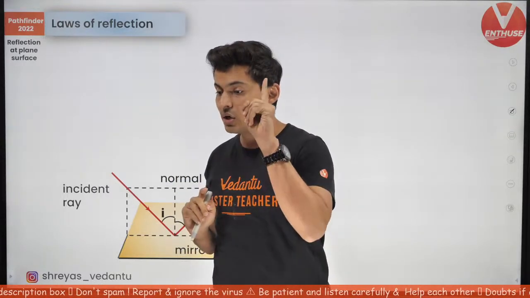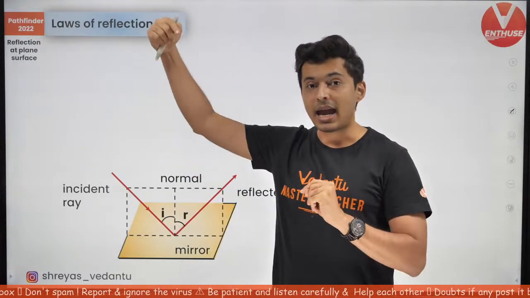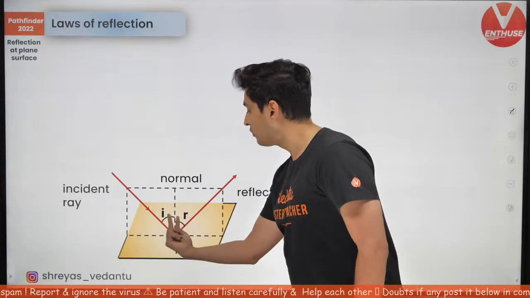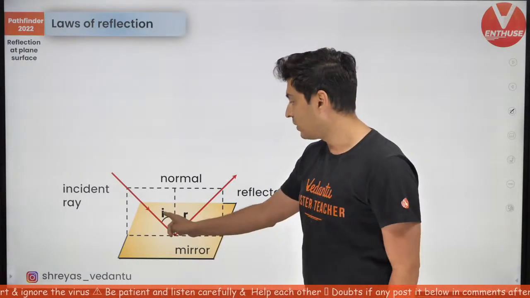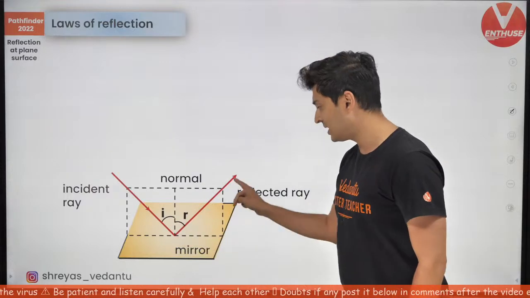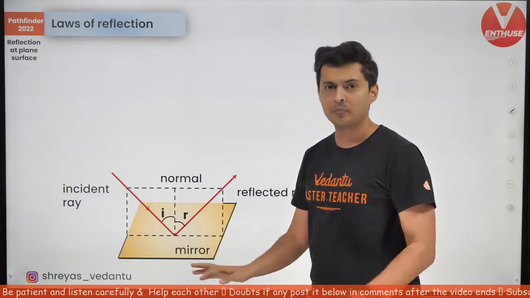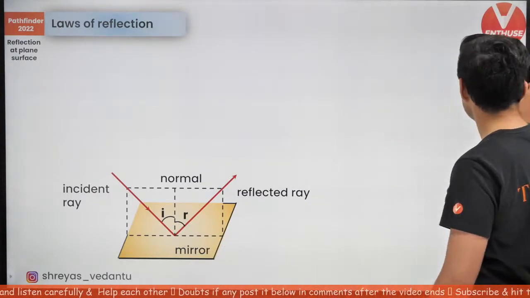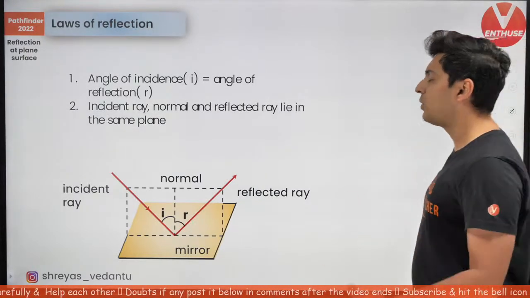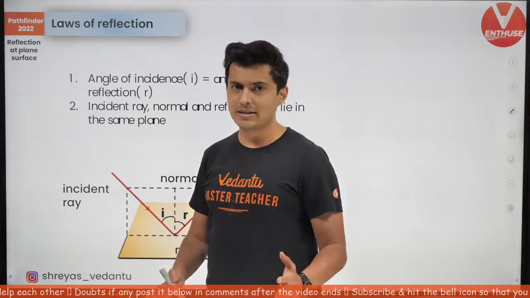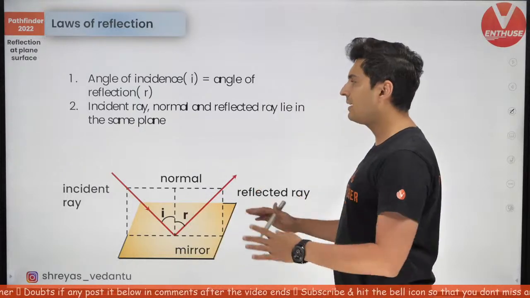Not just that, the angle at which the light falls with the normal, which is called the angle of incidence, and the angle at which it gets reflected, they both are equal. This is very straightforward. There is nothing great about it. This you would have already learned in your lower grades. It's a very easy law.